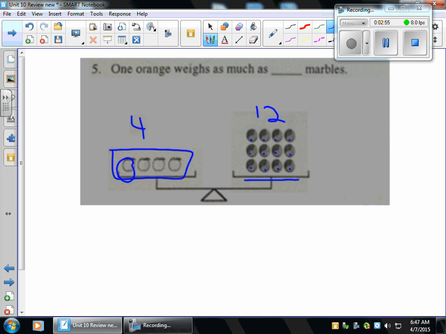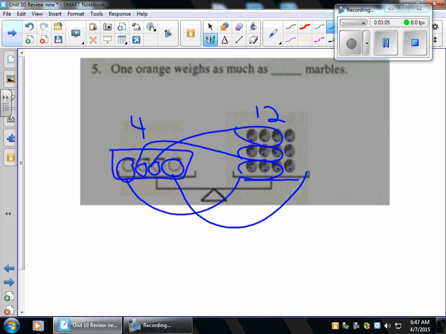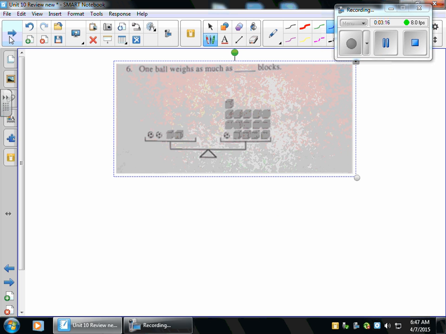So one of these oranges is going to take 3 of these away. 1 orange is going to equal the same as 3 more. 1 orange is going to equal the same as 3 more. And this last orange is the same as these 3. So 1 orange weighs 3 marbles. Looks kind of sloppy now, but as you can see, as I take 1 orange away, I have to take away 3 marbles.